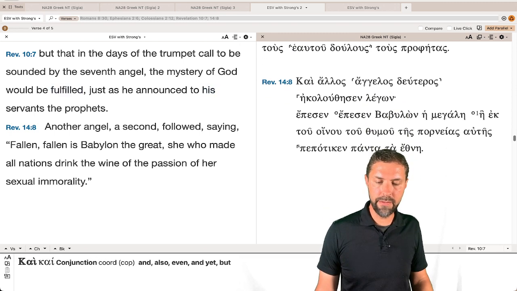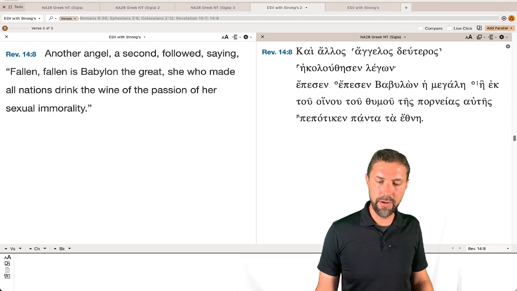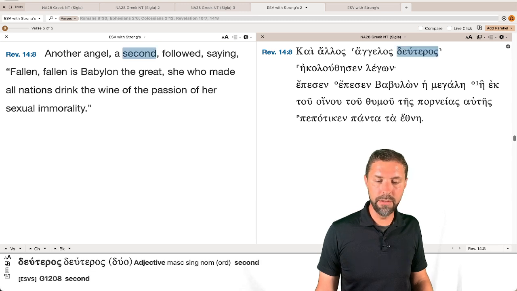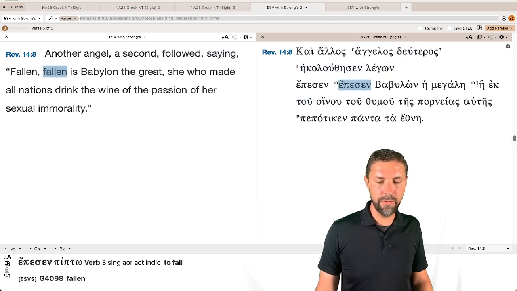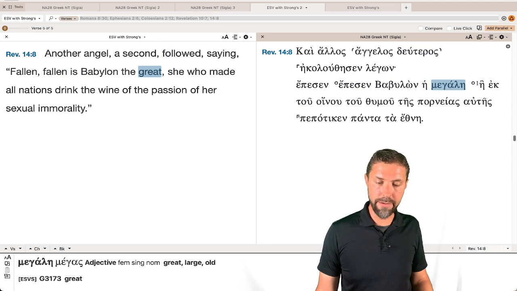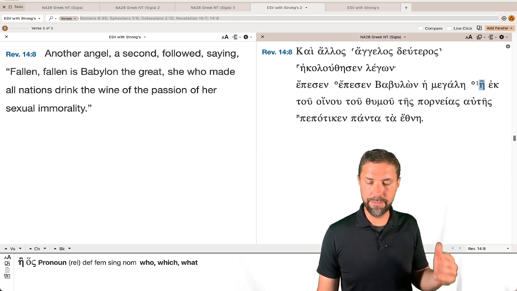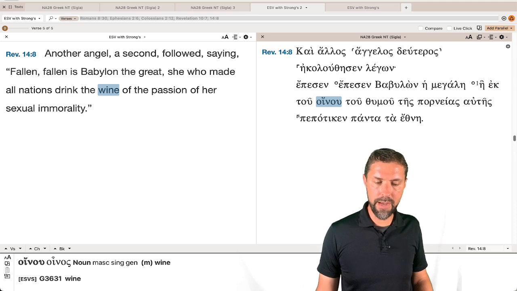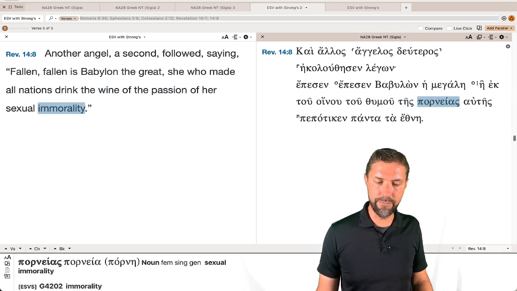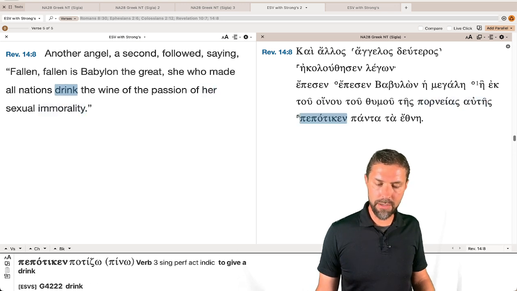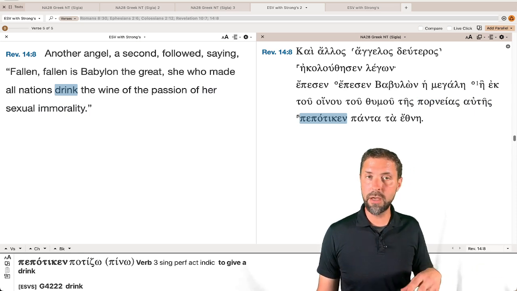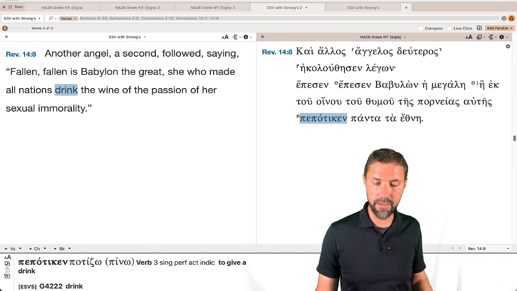And similarly, finally in Revelation 14, a second angel followed saying, fallen, fallen is Babylon the Great. She, this is a relative pronoun, so who, but who feminine, from the wine of the wrath of the fornication of her, she caused, or it was caused, were given a drink, all the nations.